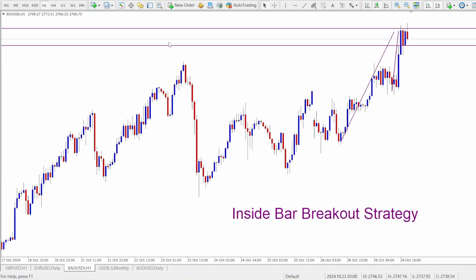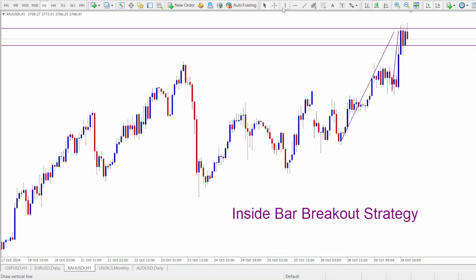So I think it's better you stick to the 1 hour chart or higher time frames, so that you can get more reliable setups. Remember also that you shouldn't limit yourself to just one currency pair. Try to experiment with different pairs, so you can see where this strategy works best for you.